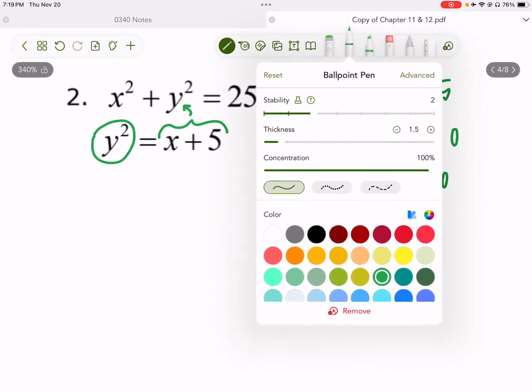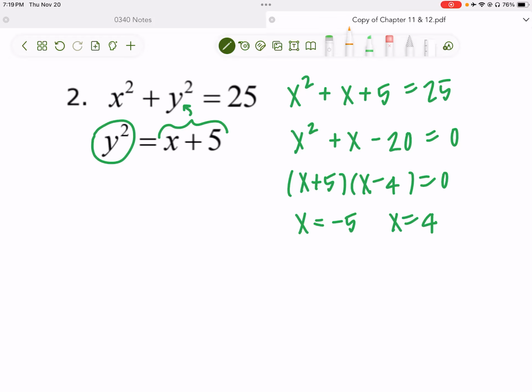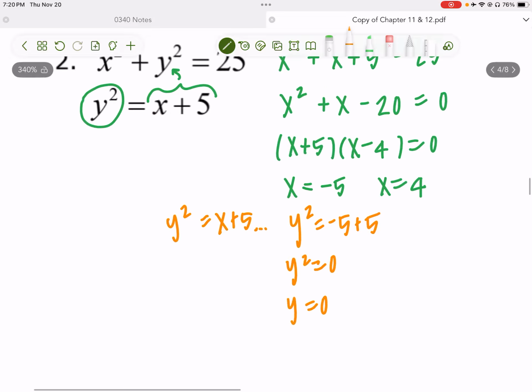From here, we found our two x values. Now we just want to plug it back in and see what the corresponding y values are. So I'll go ahead and use y squared equals x plus 5, and we'll plug it in. y squared equals -5 plus 5, or y squared equals 0, or y equals 0. So that's one of them.